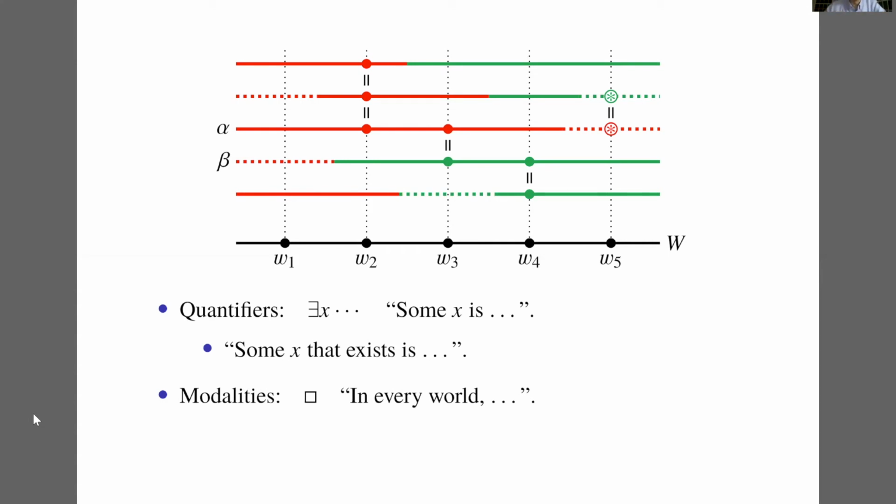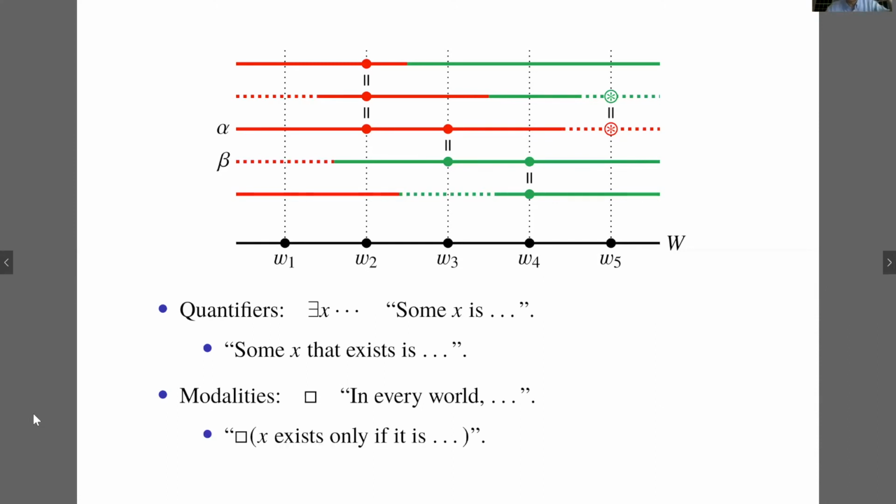You can choose. And modalities have "in every world," at least in the Bressan-Belnap setting. There's no accessibility in their framework, so box just means in every world.